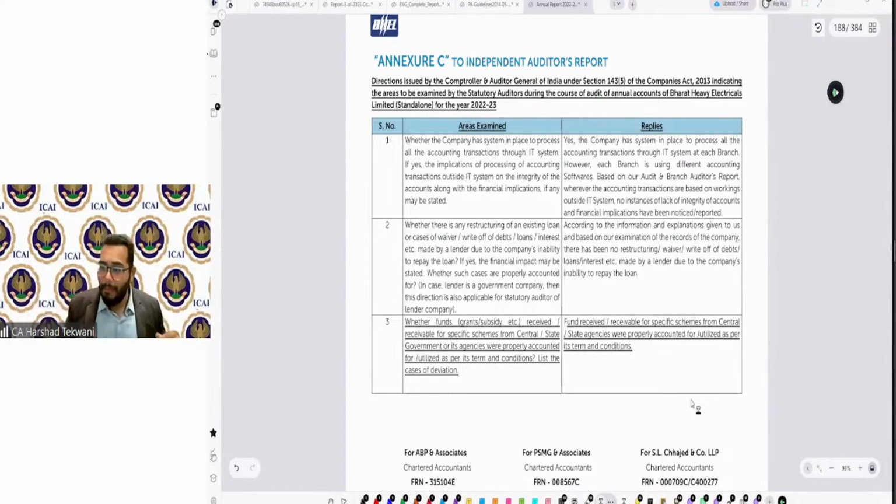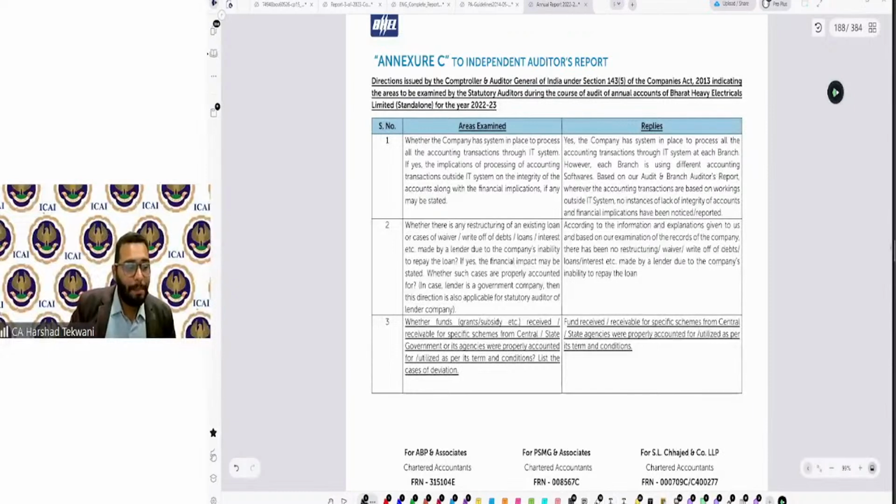So there will be matters where CAG will ask you to do a specific audit. And as an auditor, you are required to submit your report indicating what you have done on those areas plus the replies, which is over and above the audit of a normal company, present in a PSU.